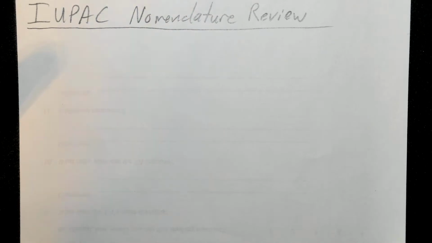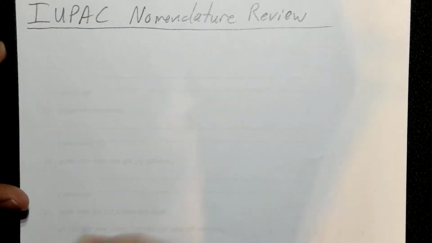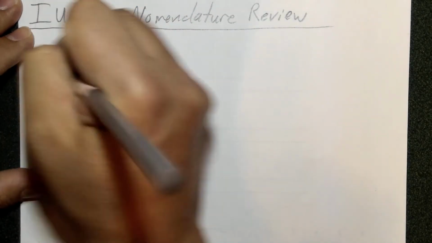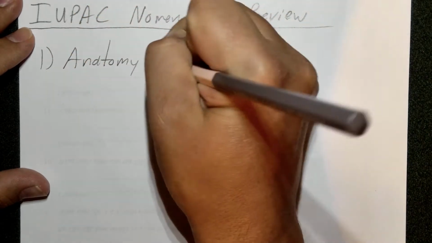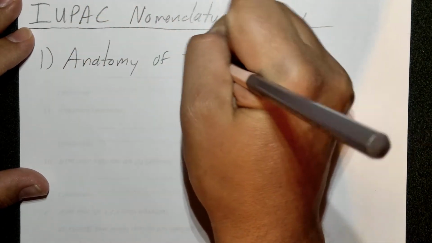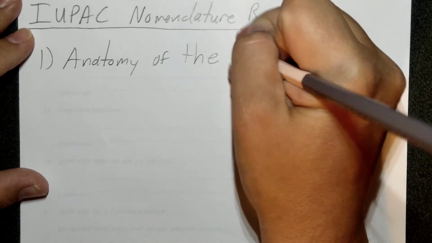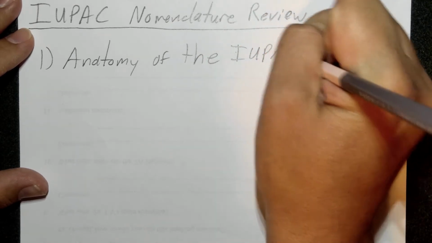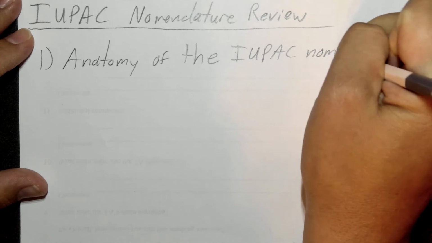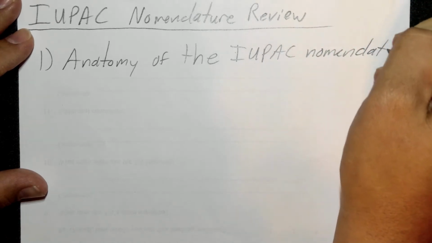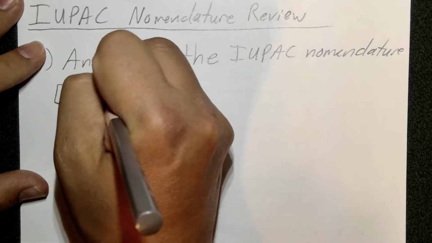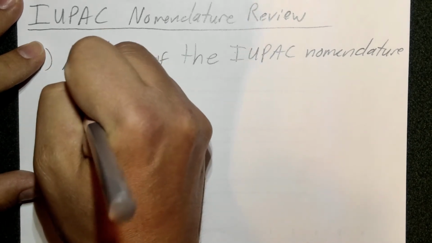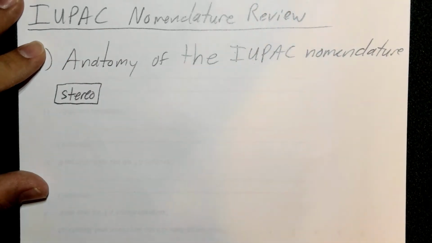Now, let's talk a little bit about the anatomy of the name. At least that's what I call it. So, there's a name in IUPAC nomenclature, and the name has very distinct regions. At the very beginning is the stereochemistry.